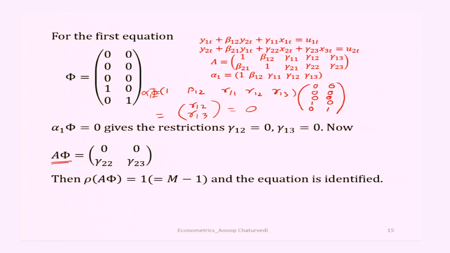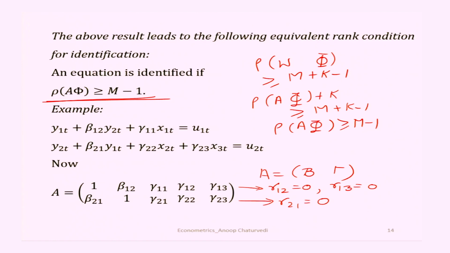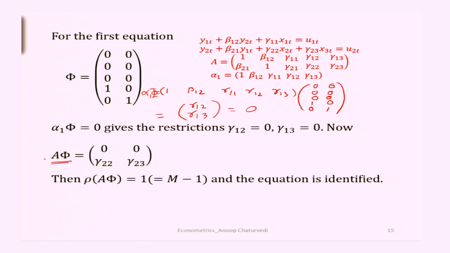And in fact, here you are getting the same matrix which you obtain by deleting the rows and columns. Say, if we delete the columns corresponding to the non-zero coefficients, means these columns, and then if we delete this row, the first row, then we get matrix gamma 2 2 gamma 2 3. So, we get similar kind of matrix here, and then we obtain the rank of this matrix, rank of A phi, which is equal to 1.